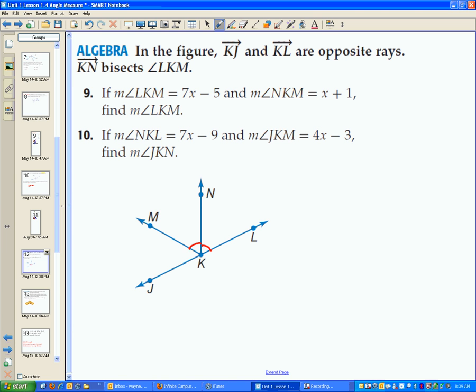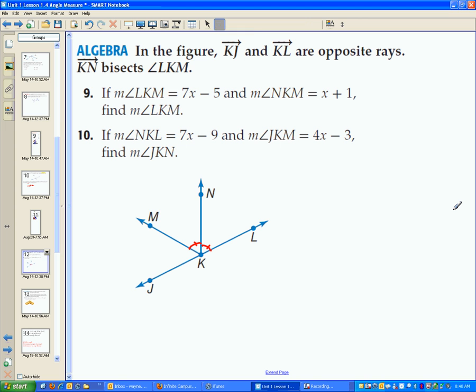Some books, and in fact, the ACT does not do that, to mark angles congruent, will put a little hash mark on their arcs. So you'll see it both ways. All right, so that's going to be true for number 9 and for number 10.